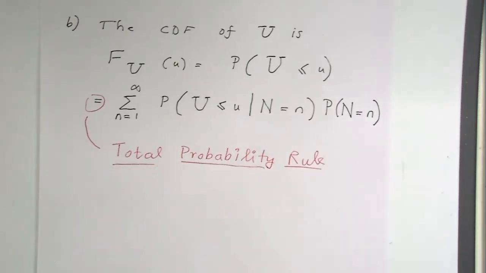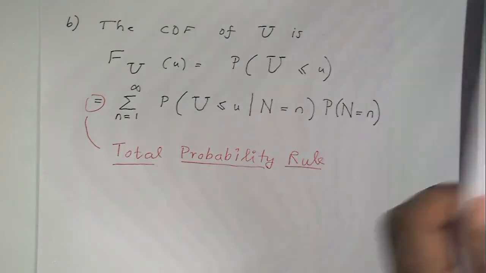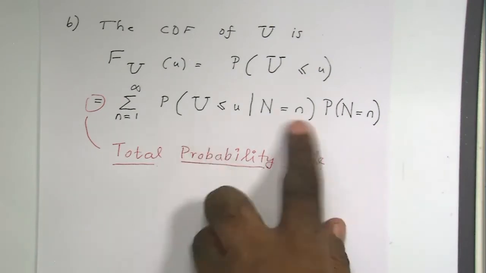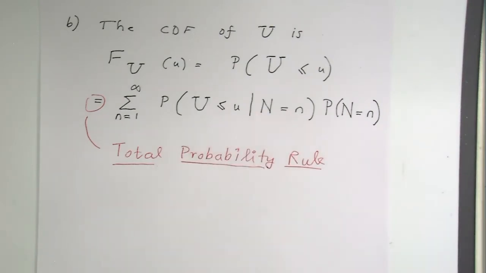All right. Now I'm going to show you what to do. If you look at what we did earlier in case 1, we showed that the CDF of U is given by this formula here. So in place of the conditional probability, I'm going to substitute this.